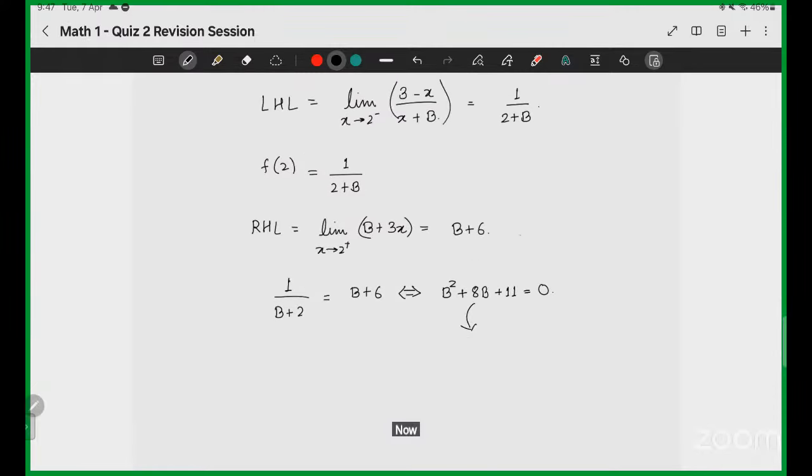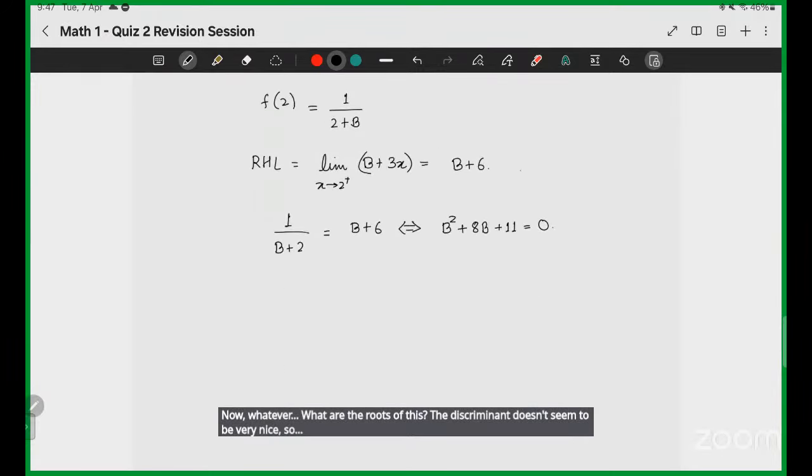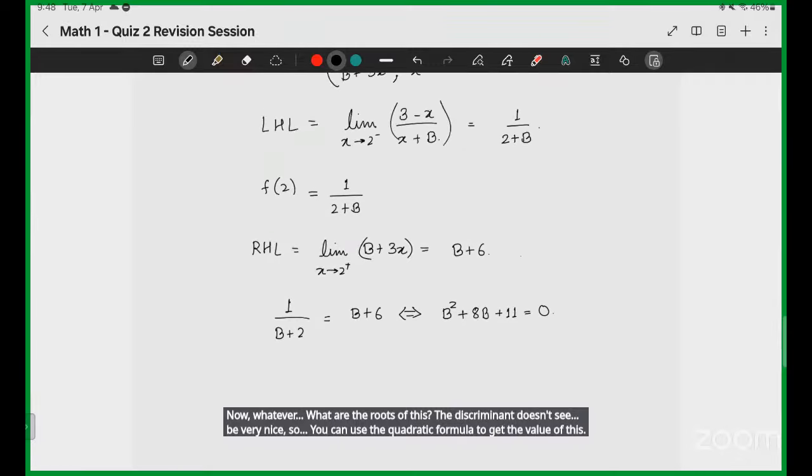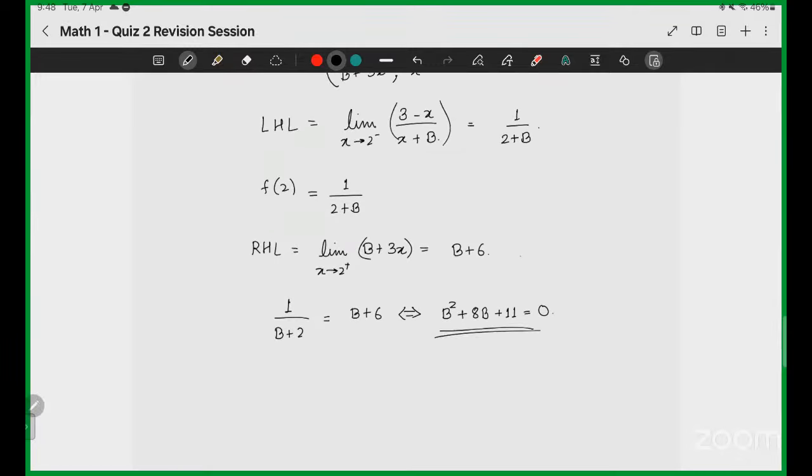Now, whatever are the roots of this, the discriminant doesn't seem to be very nice. So you can use the quadratic formula to get the value of this. You might encounter a scenario where this doesn't even have solutions.